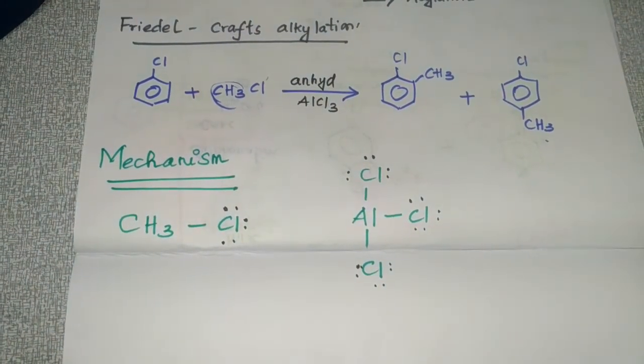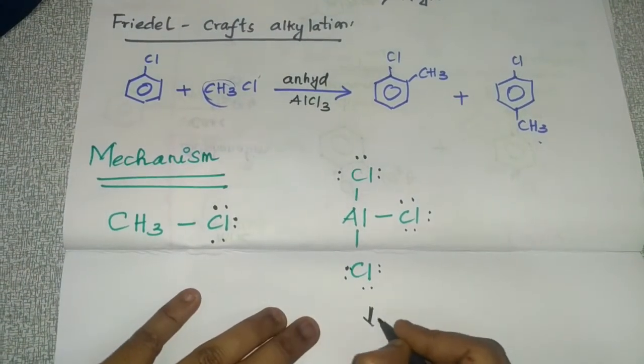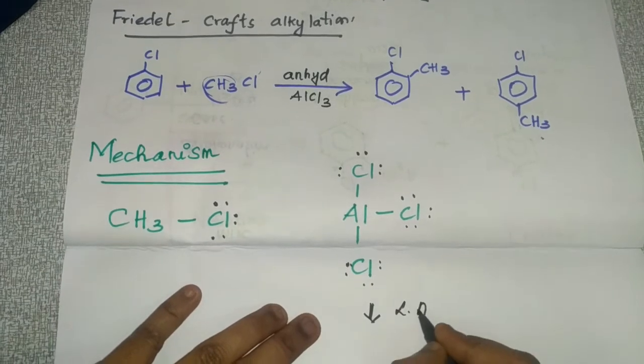If you take this aluminium chloride, it will act as a Lewis acid.